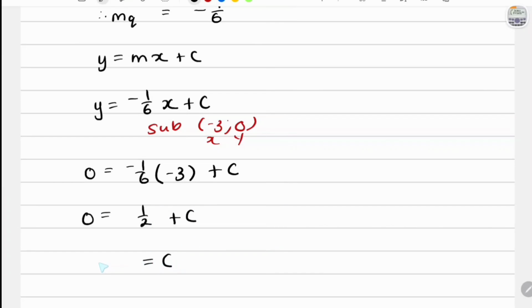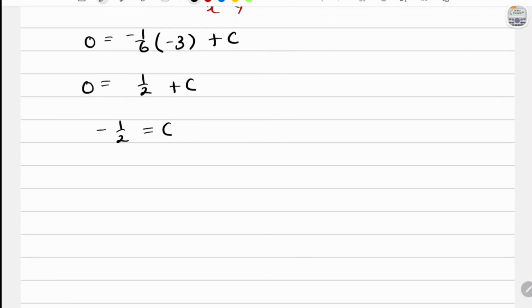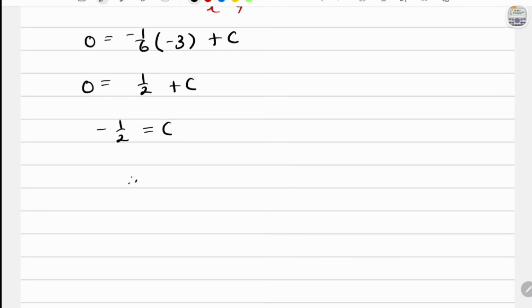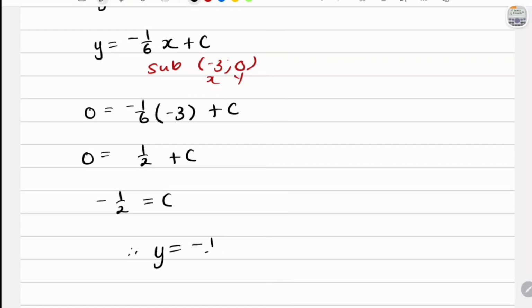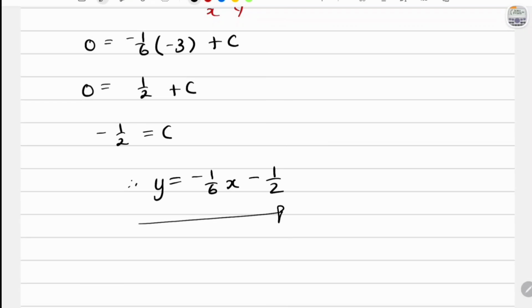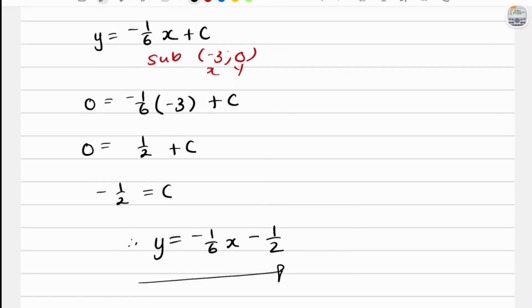And so c is equal to -1 over 2. Therefore, the equation of q is y equals -1 over 6 x minus 1/2. That's the equation of q. Okay, so that is the final answer.